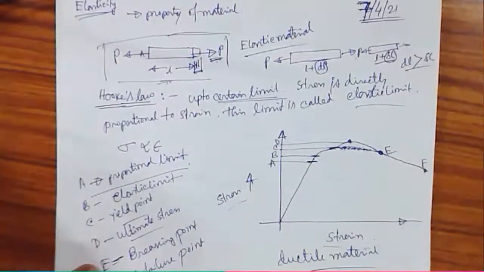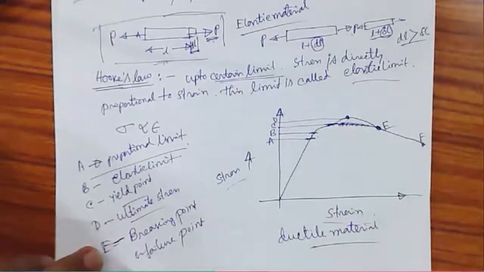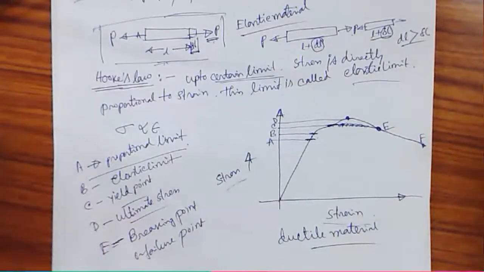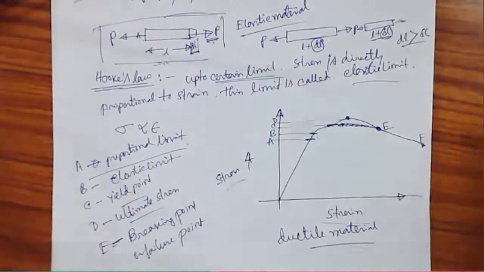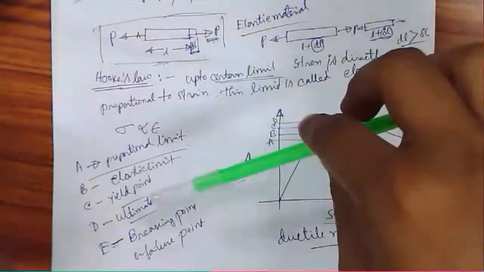At C point, that is called yield point. In this yield point, strain hardening occurs. Strain hardening means the object gains some sudden strength, just like it happens when you take an aluminium or copper wire or a brass wire in your hand and you bend it several times.